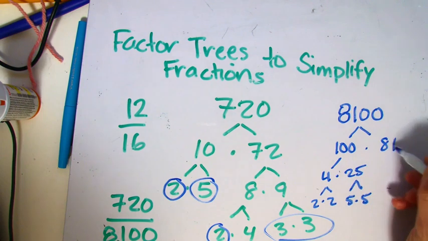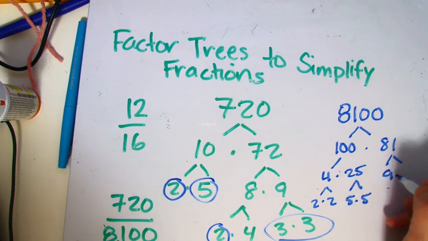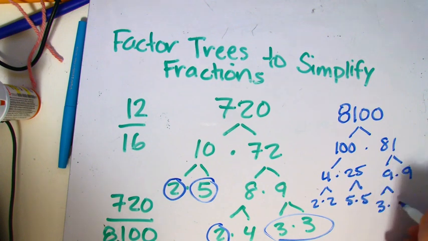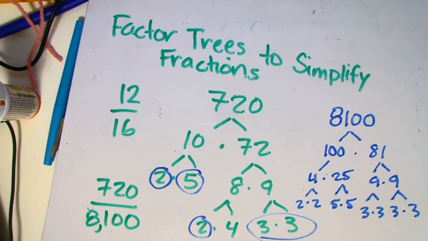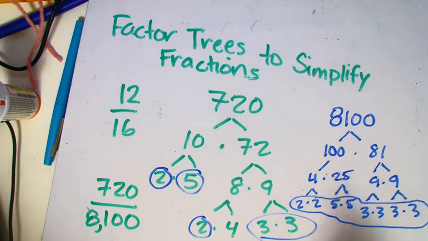And then 9 times 9 is 81, and then that will bring me to my prime numbers of 3. Okay, so this one isn't all over the place. You can see that all of these circled factors are prime numbers.